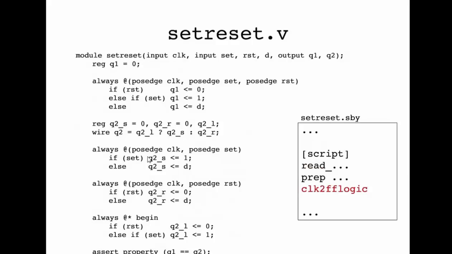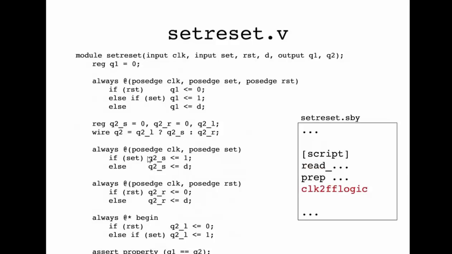So for example, the code here is a flip-flop with an asynchronous reset and an asynchronous set. But when you, for example, implement this with Xilinx 7 series synthesis tools, then you will get pretty much this circuit here. And the reason is that the flip-flop primitives in Xilinx FPGAs do not support both asynchronous sets and asynchronous resets. They only support one of the two.